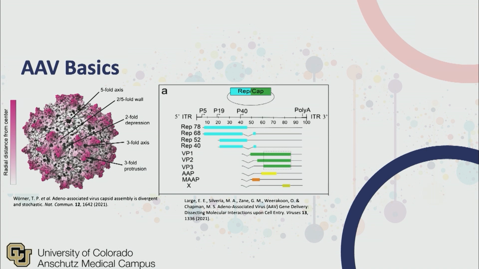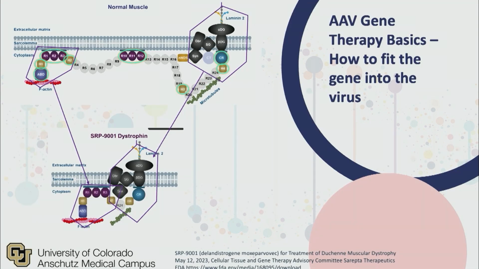It has a very simple genome. It's a single-stranded, linear DNA. And you can see there's basically just a couple types of protein. The VP proteins are the capsid proteins. The rep proteins help prevent the cells from turning it off and maintain latency.